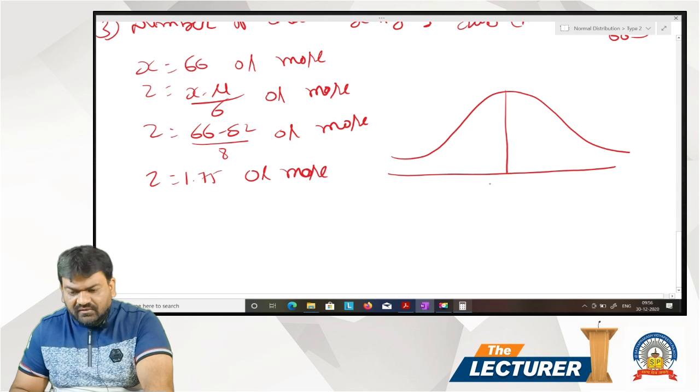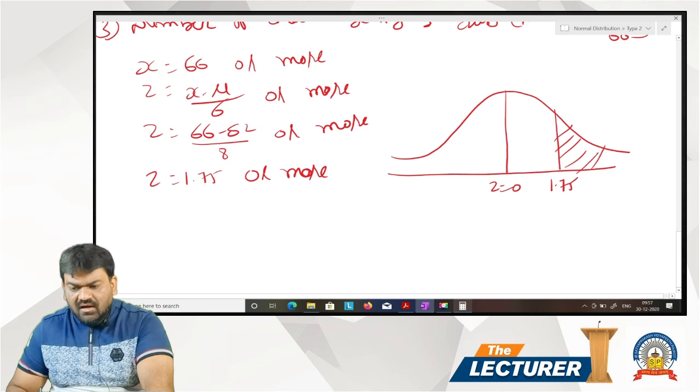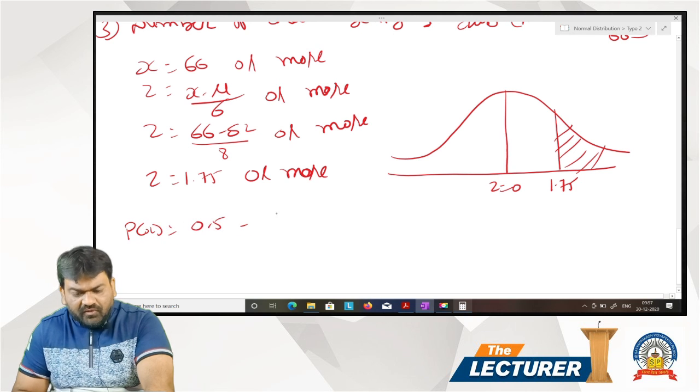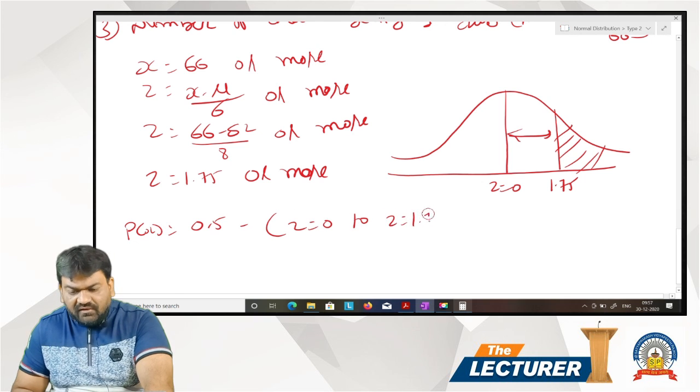In the exact middle, z is equal to 0. 1.75 is positive so it is on the right hand side, and "more" means all observations on the right hand side. So probability is the right hand side probability, which we know is 0.5, from which we subtract the area from z equal to 0 to z equal to 1.75.